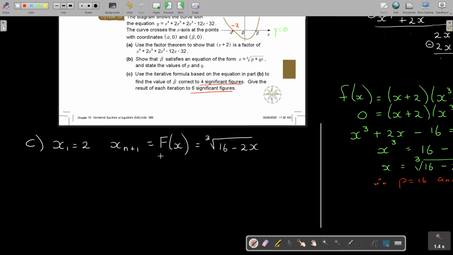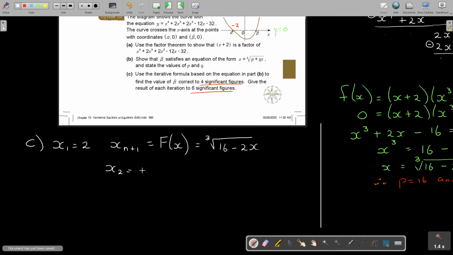I'm going to do it for both, and then I will say something at the end. But let's start with x = 2. So first, in your calculator, press 2 equals. Then you're going to program that formula: shift, cube root, bracket, 16 minus 2, answer, close the bracket, equals.